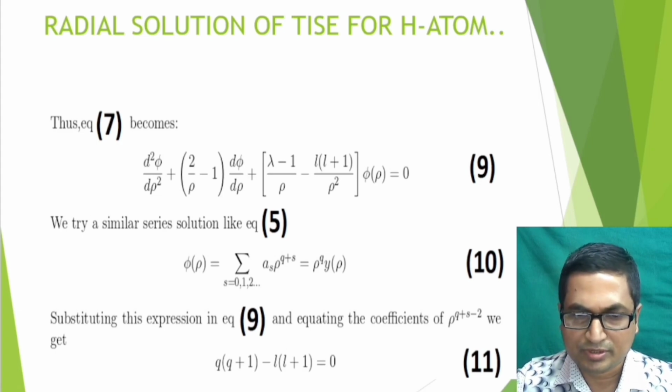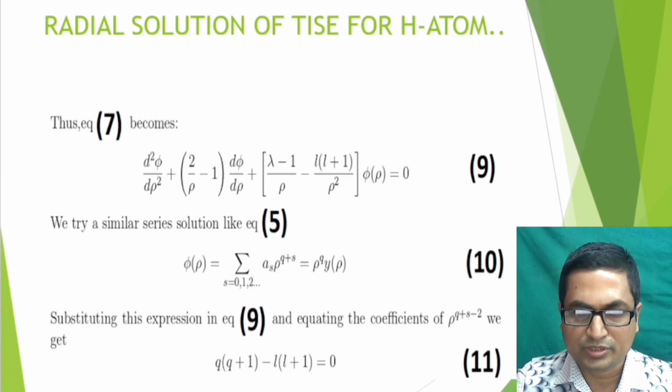This requires some differentiation. For the first differentiation, for d phi by d rho, we get q rho to the power q minus 1 while differentiating rho to the power q, or if you differentiate this quantity as rho to the power q plus s, we get q plus s rho to the power q plus s minus 1.